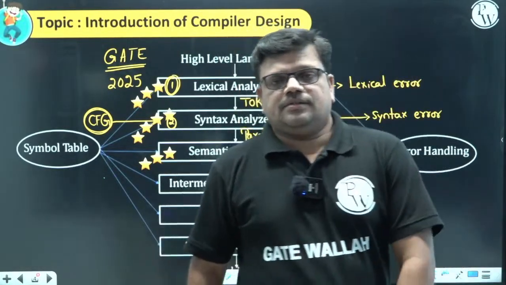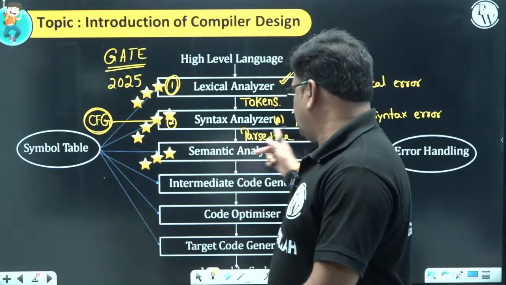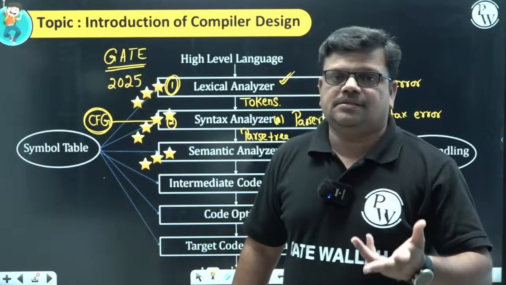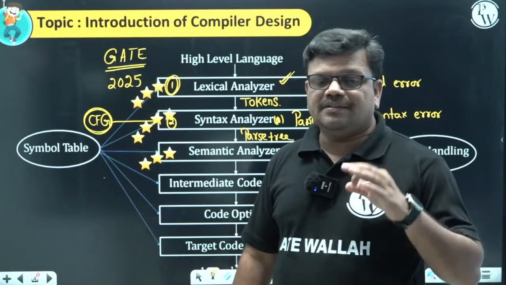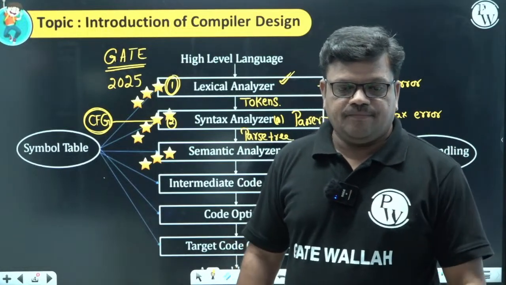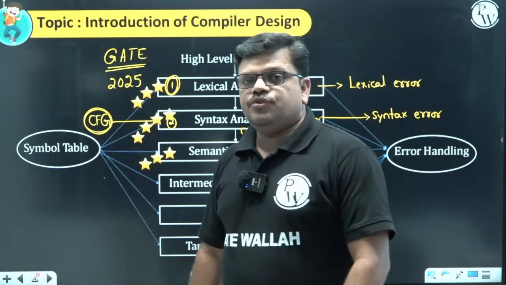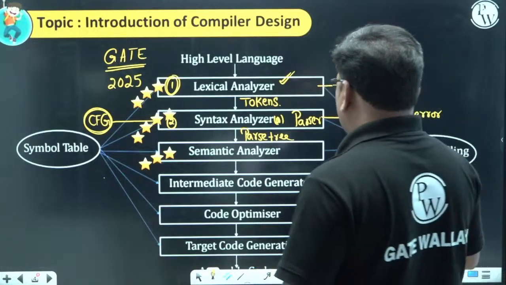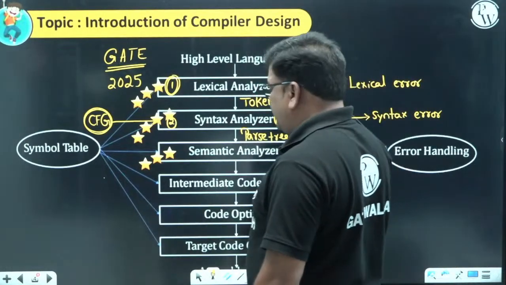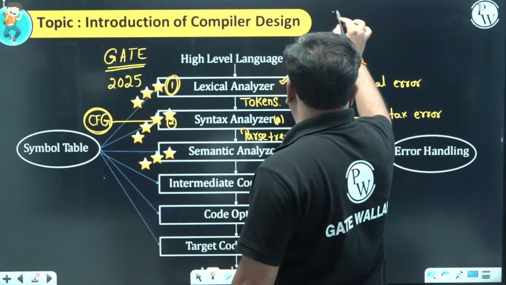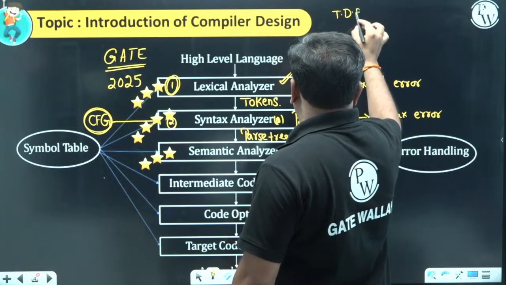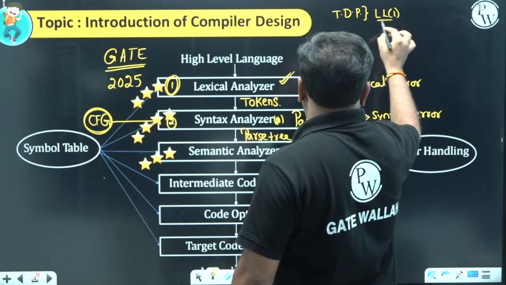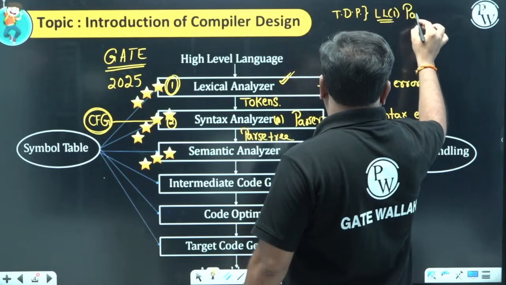From the syntax analysis part, we have how to design parsers. The most important thing is parser designing. In parser designing, there are two types of parsers. Where we have to focus: from the top down parser, we'll get questions from LL1 parsing.